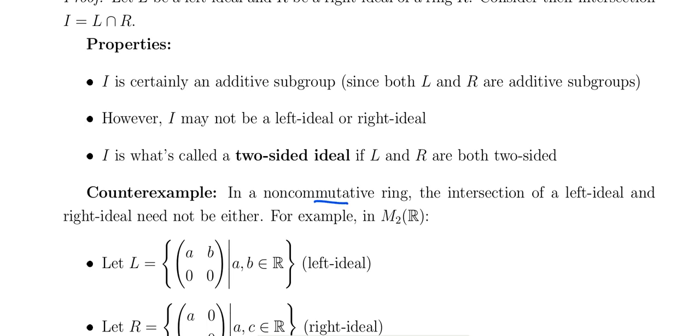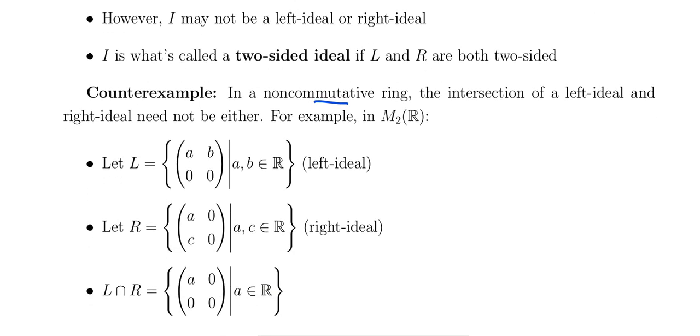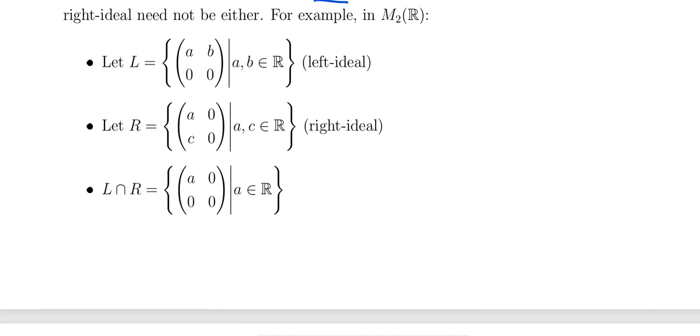For the non-commutative ring, consider the intersection of a left and a right ideal, for example in M2(R). L is the collection of 2 by 2 matrices with entries a, b, 0, 0, where a, b belong to R, that is the left ideal, and this is the right ideal.